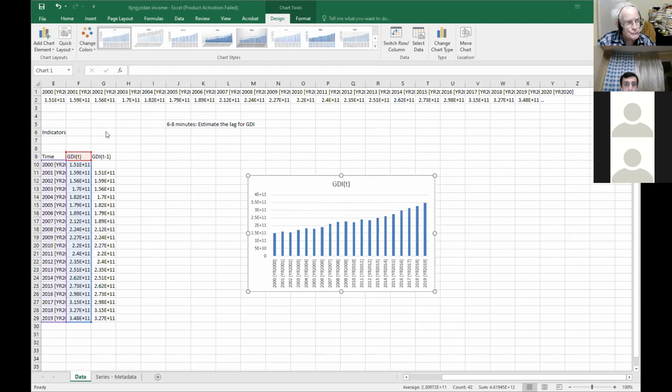The second exercise for you is to regress GDI on its lag.